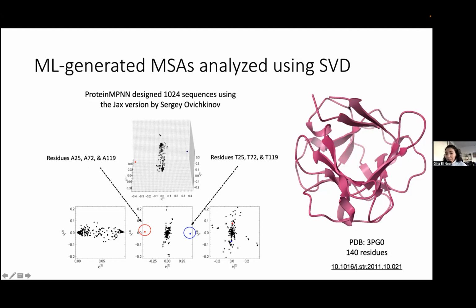The sequence that comes from 3PGO is the red one. So if you go look at the PDB, A25 exists, A72 exists, and A19 exists in this PDB. So that's pretty neat. You kind of see what kind of pattern and what suggestions it was making from the machine learning generation.